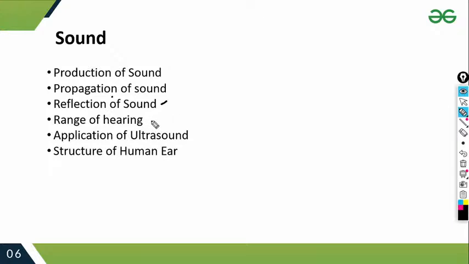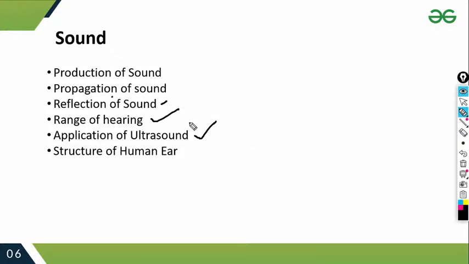And then we'll see the range of hearing. So we humans have a range of hearing. Then we'll see what is ultrasound, like above the range of hearing is ultrasound. So we'll see ultrasound also. And then we'll see the applications of ultrasound. There are many applications. You must have studied about the sonar system and how bats can fly at night.